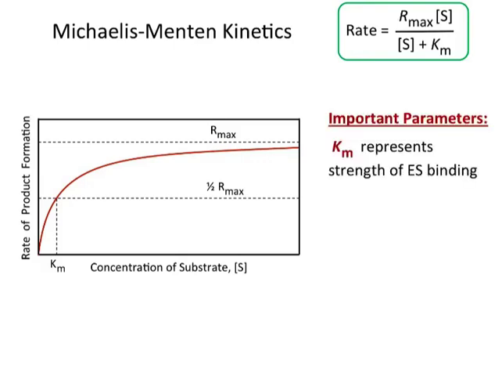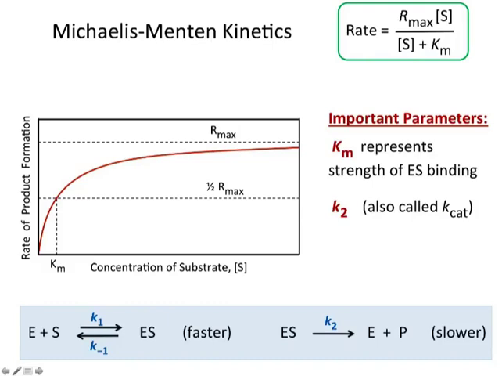And then remember, Km represents strength of enzyme substrate binding. Smaller Km, bigger binding. K2 is a rate constant of the second step, which can also be called Kcat, the catalysis rate constant. And then Rmax, sometimes known as Vmax in other versions of this formula, that's equal to the maximum rate. Okay, so something else we should think about.